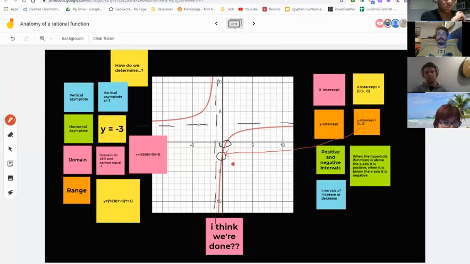And the ordered pair is 0, comma -2. And that would be our ordered pair. So y-intercept when x is 0, x-intercept when y is 0. And that we've seen before in other courses.